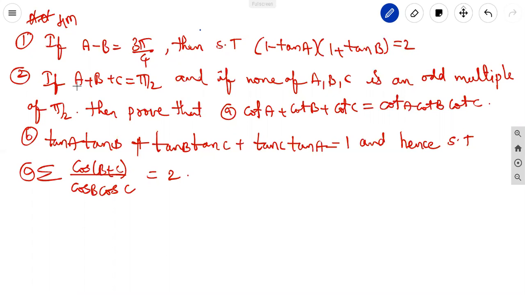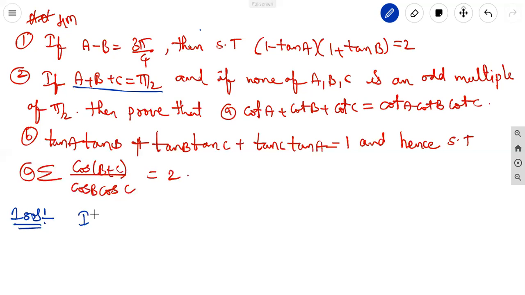The second one is, if A plus B plus C equals pi by 2 and none of A, B, C is an odd multiple of pi by 2, then prove that cot A plus cot B plus cot C equals the product cot A cot B cot C, and tan A tan B plus tan B tan C plus tan C tan A equals 1. The third one, show that the summation of cos of B plus C by cos B cos C equals 2.